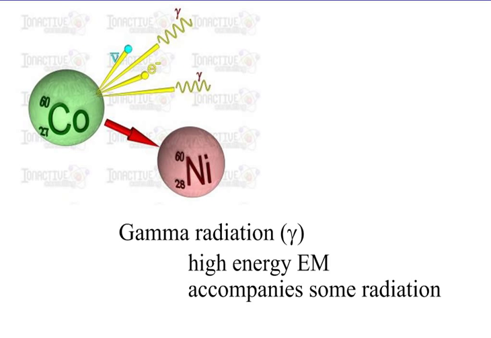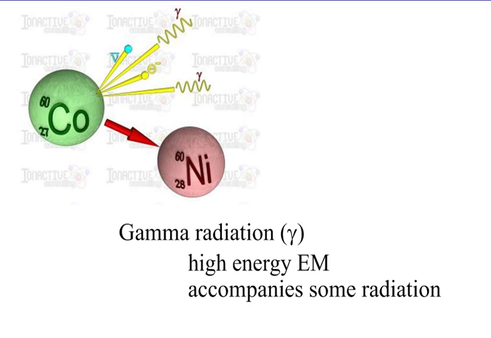Gamma radiation is a high-energy electromagnetic wave that accompanies some radiation. If you have some sort of nuclear decay, it is often accompanied by gamma radiation.